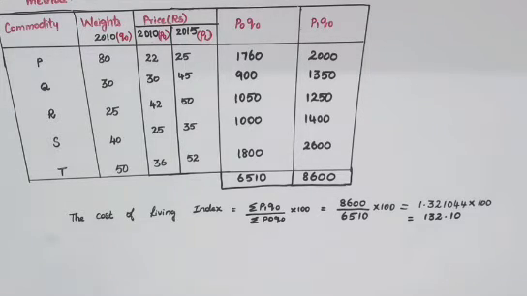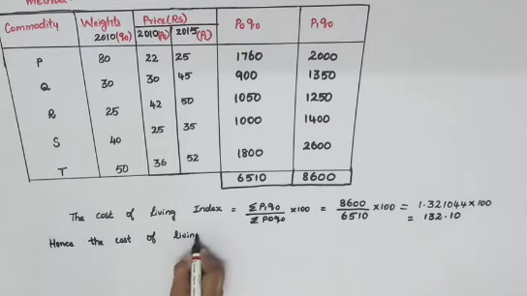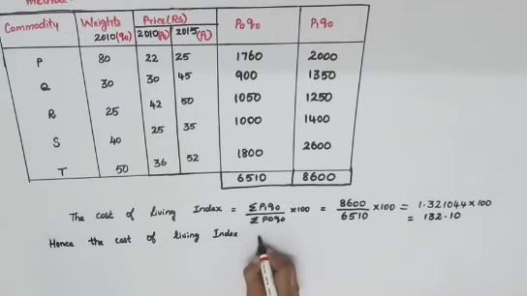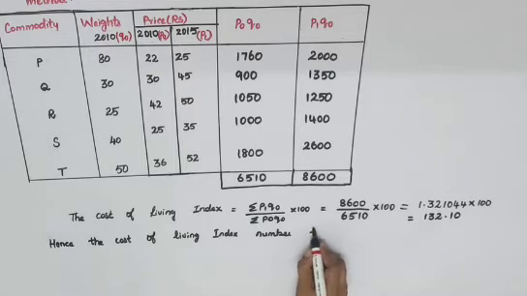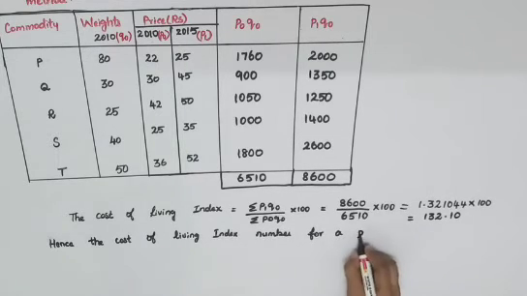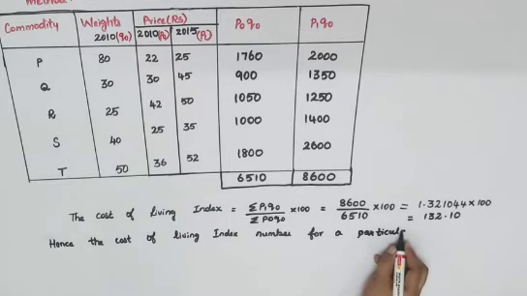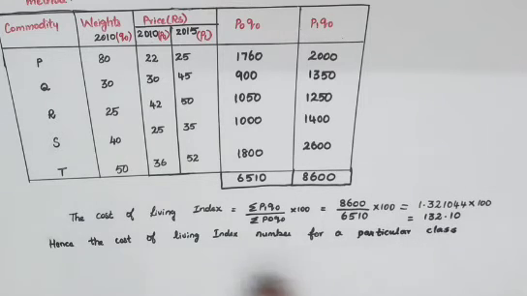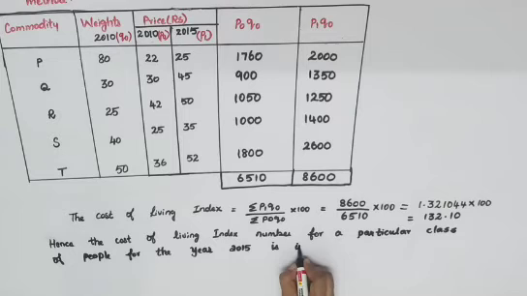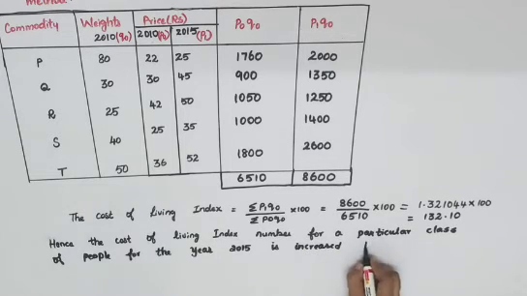Therefore you can conclude your answer as, hence the cost of living index number for a particular class of people for the year 2015 is increased by 32.10.